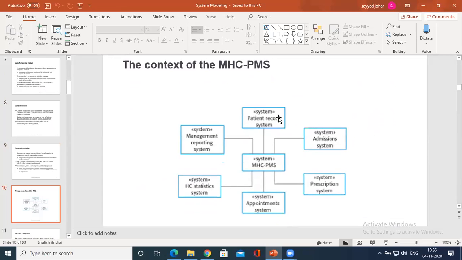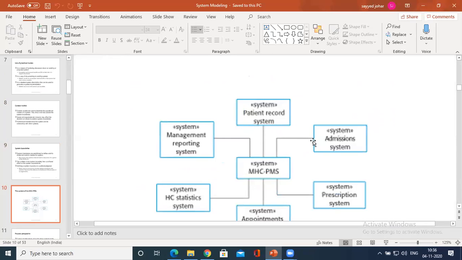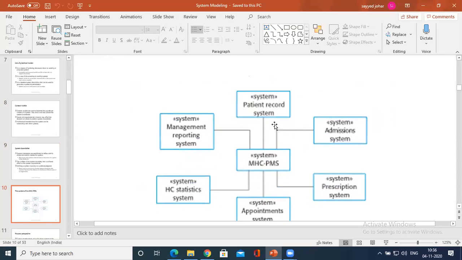When you identify a system, the patient record system, I represent this as one of the boundaries. Patient record is one of the boundaries, right? Understand? Similarly, the whole system together is called the MHC-PMS system. This is a complete system which holds all these systems internally.